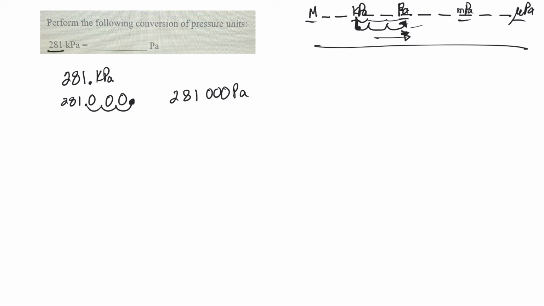So 281 kilopascals is the same as 281,000 plain pascals. Notice I didn't put a decimal point in here, just to keep sig figs the same. So sig figs there is 3, and sig figs in my number, since there's no decimal point, is also 3. Now this answer would be correct: sig figs are right, the unit is right, all the numbers are right.